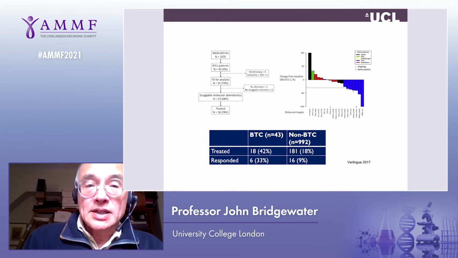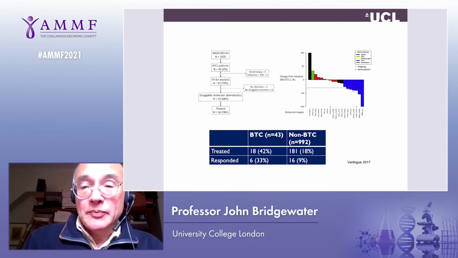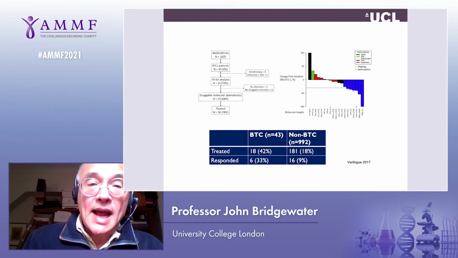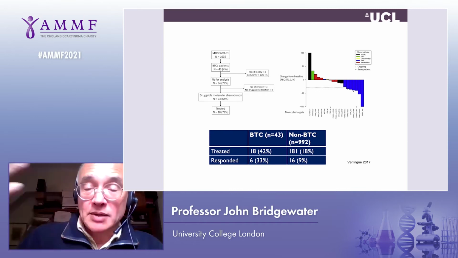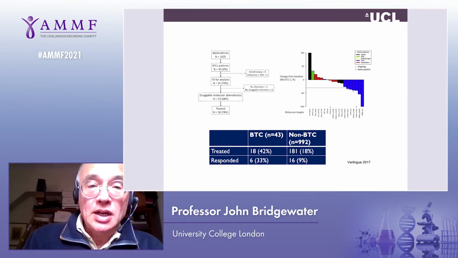And the original data come from the Moscato study. So it's a French study, and 1,035 patients, so a lot of patients, were profiled. They had their molecular profile performed, looking for abnormalities, some of which I've shown you earlier, looking for some handle, some area to treat.